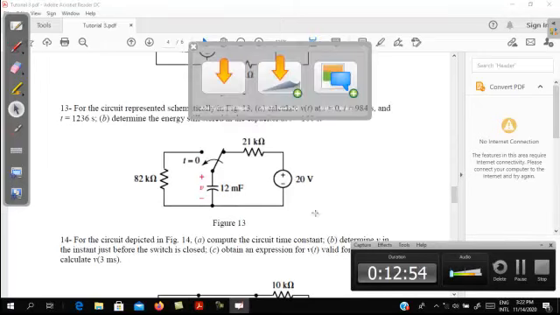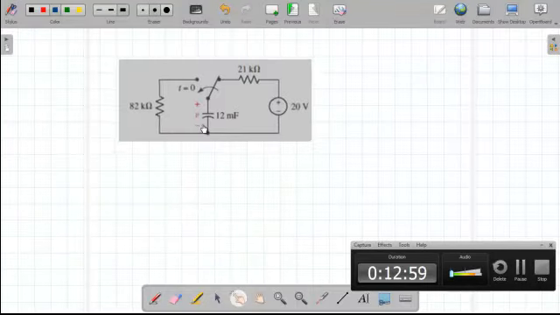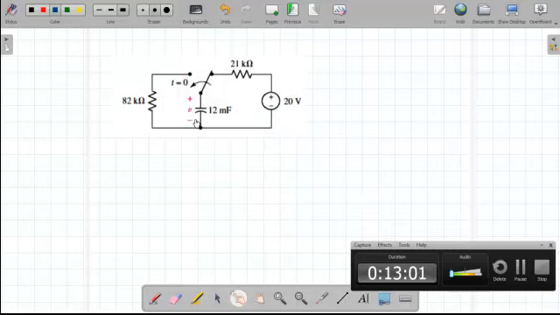So this is our circuit. The first thing that we need to do is to find V0 minus.